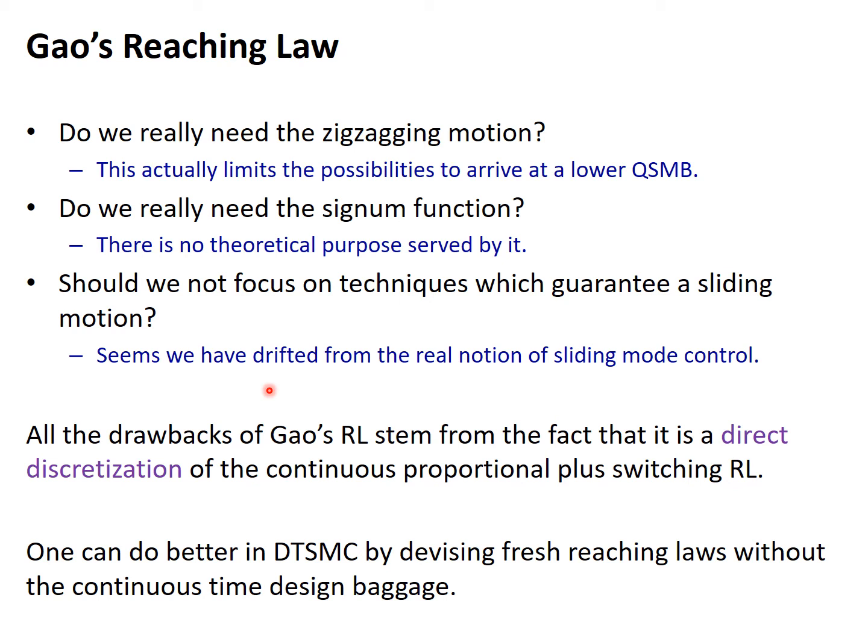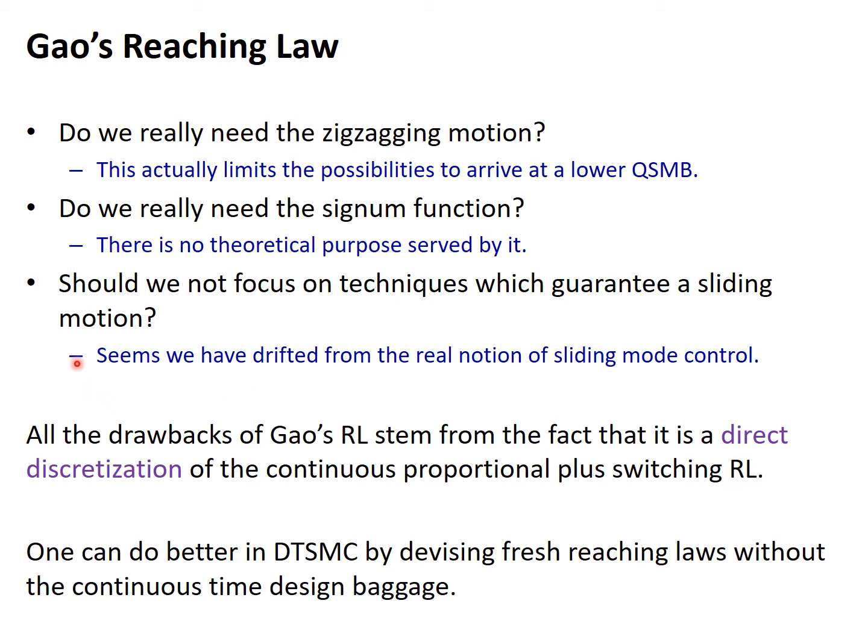It did not serve any purpose as such, and there may be other formulations which will make us close to sliding, or actually we might try to focus on how to guarantee a sliding motion. So this is how the bent of mind should have been. That is what they said.